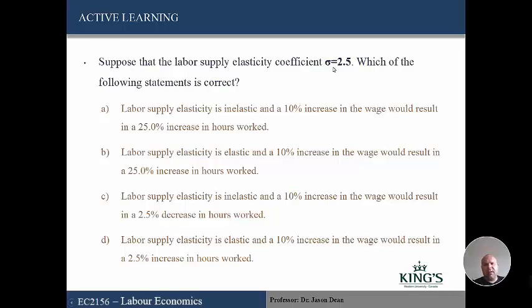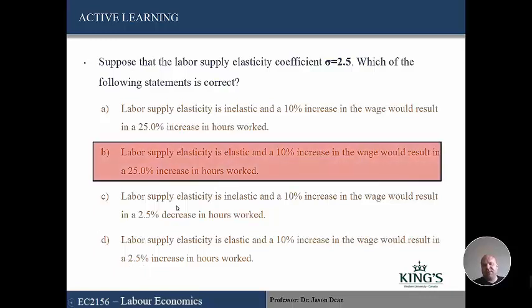Since this is greater than 1, we also know that labor supply is elastic. So that rules out A, and it rules out C as well. We can also rule out D because it says 2.5%. So we know that the correct answer is B.